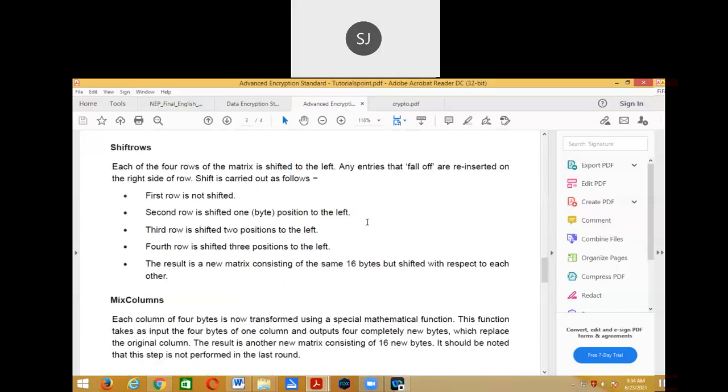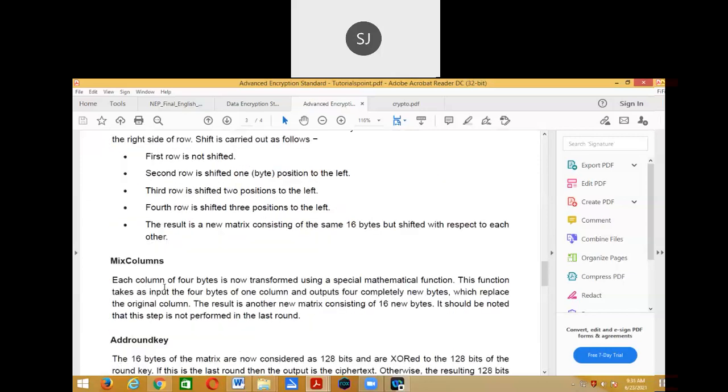We mix the columns. Each column of 4 bytes, please remember it is a 4 by 4 matrix, is now transformed using a special mathematical function. This function takes as input the 4 bytes of one column and outputs 4 bytes.